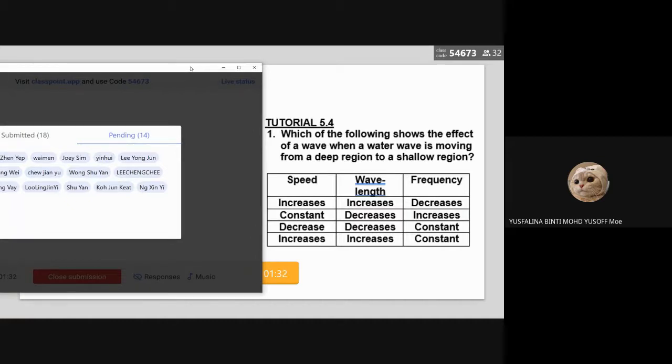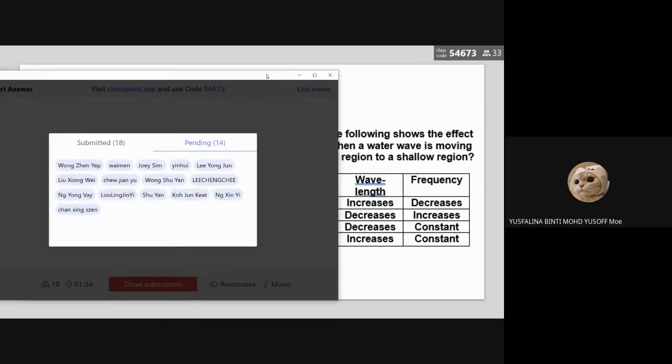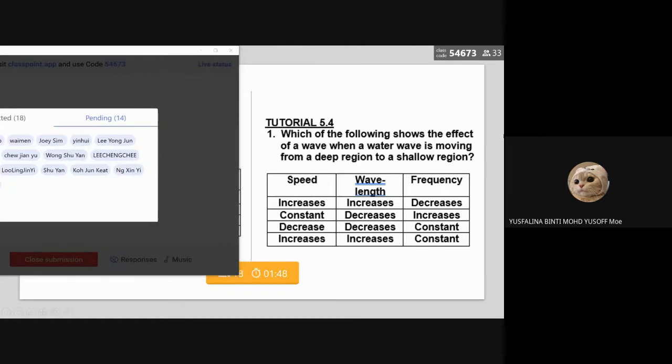Okay, quickly for those who still didn't submit the answer. Still got 14.